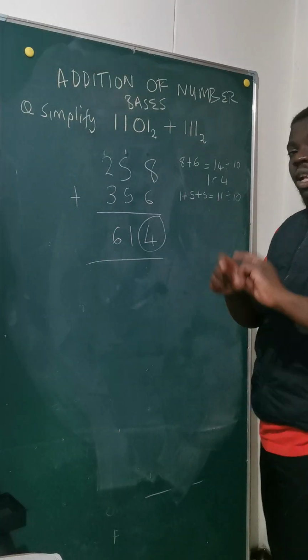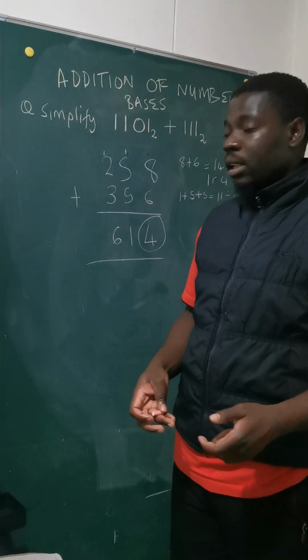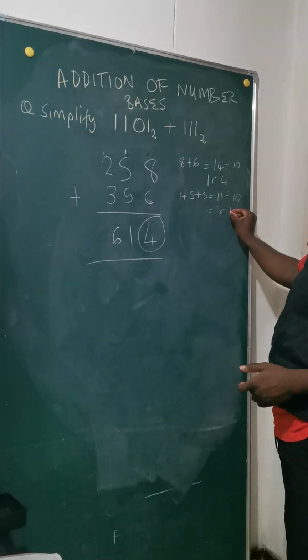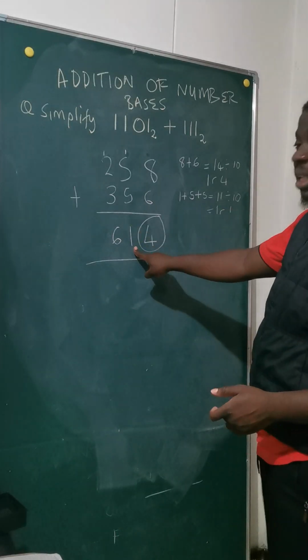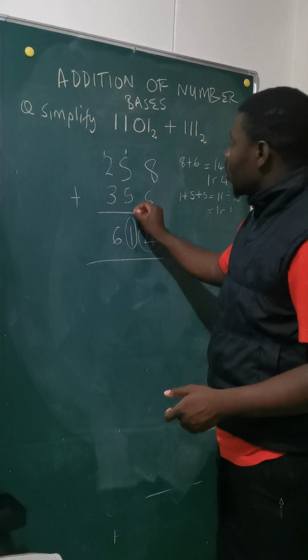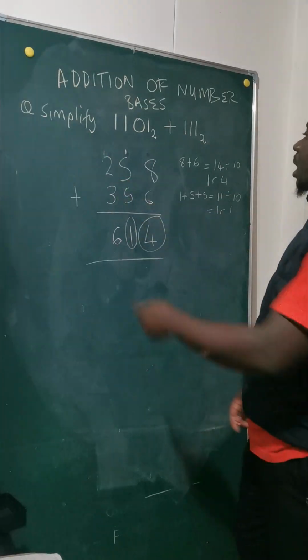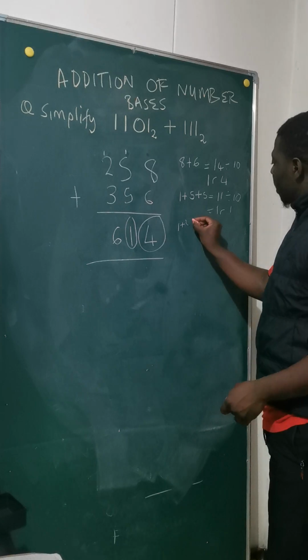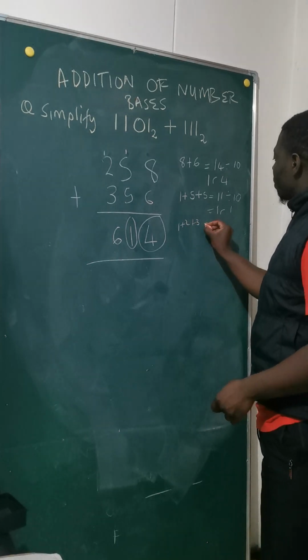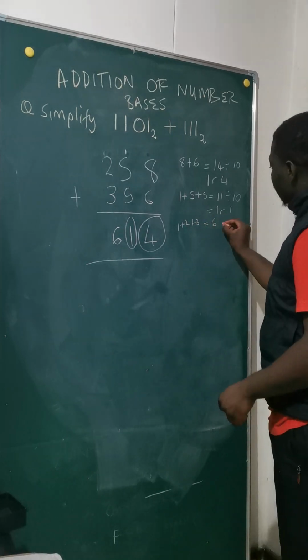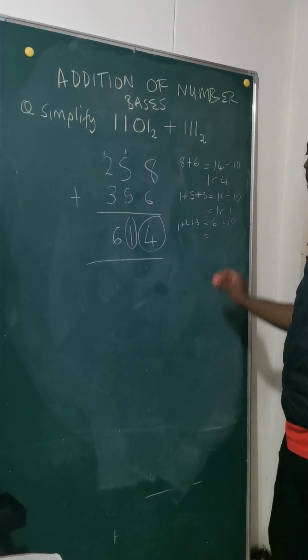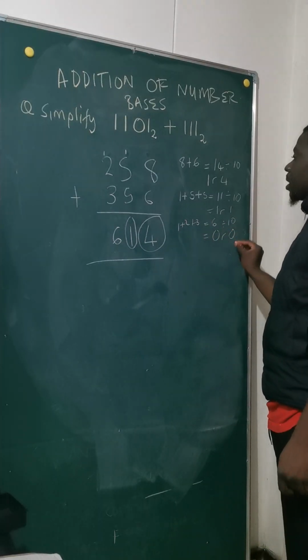Since all natural numbers are in base 10, we would get an answer which is 1, remainder 1. So we would write the remainder here, then we would carry 1. Then we would say 2 plus 1, so 1 plus 2, which is 3, plus 3, which equals 6. Then we would divide by 10. The answer would be 0, remainder 6.